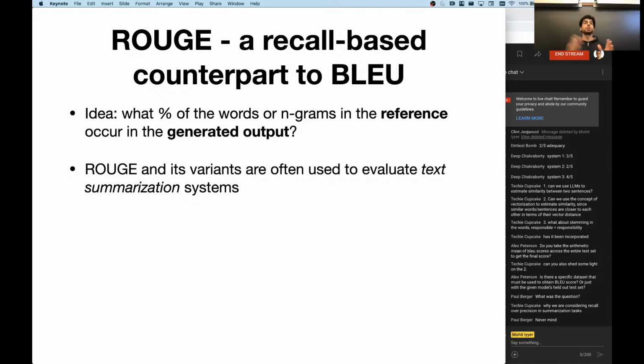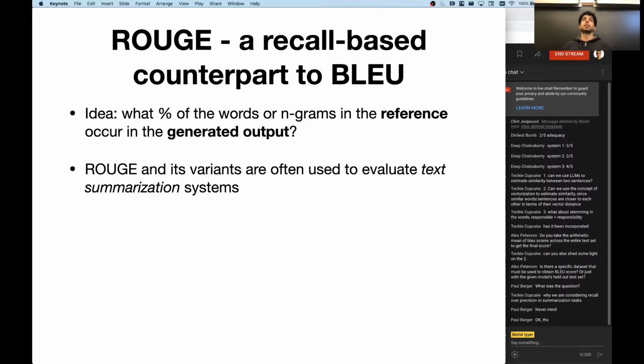So in translation, you need to preserve the meaning of the entire human reference translation, right? So this is a different case in summarization, where you want all of the important information to be preserved, but possibly it can produce other things that are slightly less important and still get points for this. So yeah.